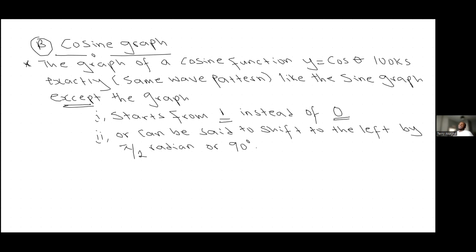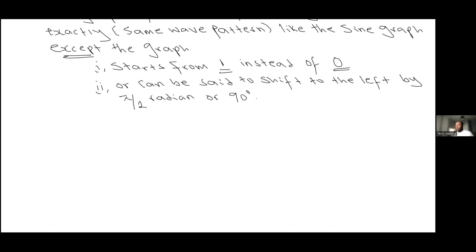So you can either start from 1, or you can say it's like a sine graph that just shifts to the left by 90 degrees. Now let me see if I can draw this again to show you. This is what we have here, and this is what we have here.